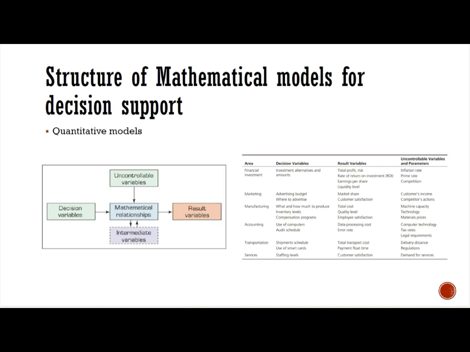These factors can be fixed, in which case they are called uncontrollable variables or parameters. An example of a factor is the prime rate. We can't control it. Intermediate result variables are outcomes in mathematical models, such as machine scheduling, spoilage, and total profit.